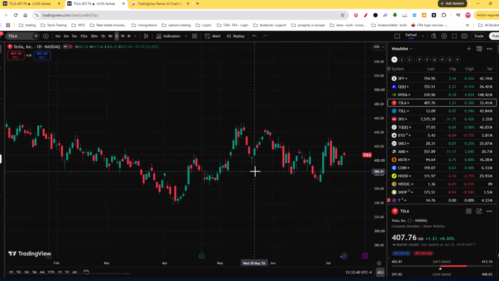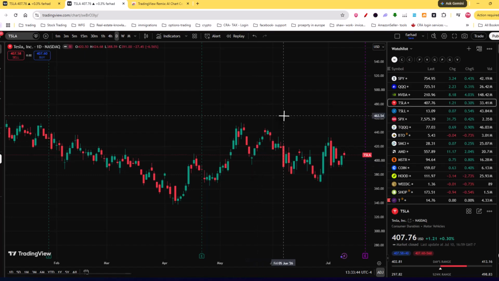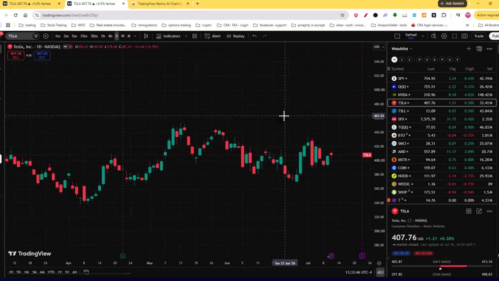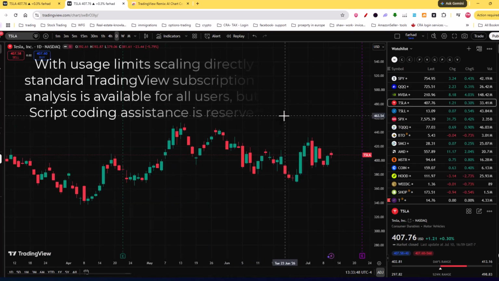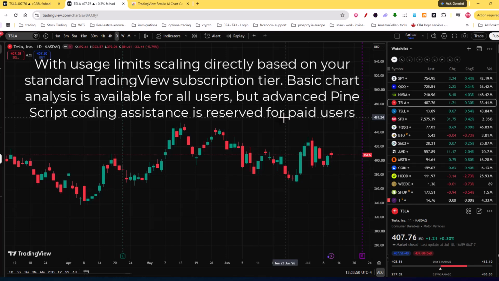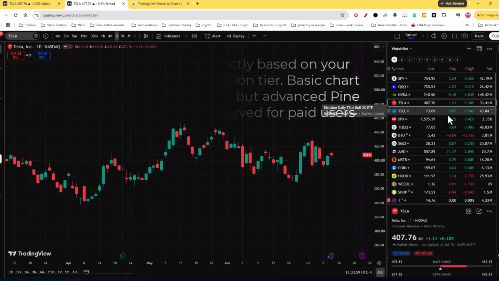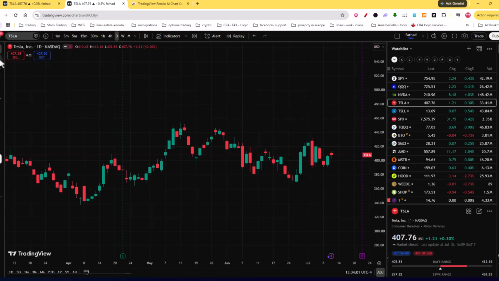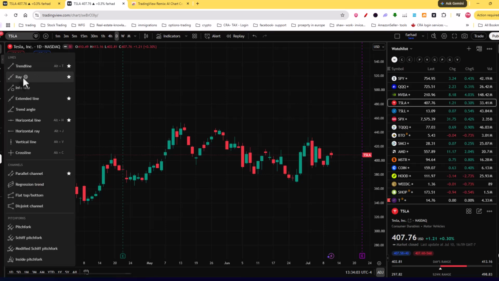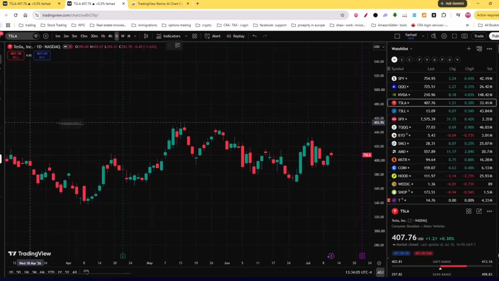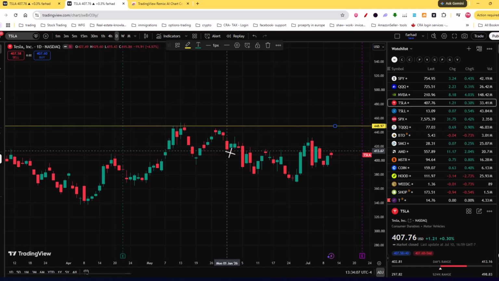It does. Of course, if you are on a paid version, you get the benefit of more analysis and more features. But since we just want to give it a try, this is good enough. Let's just jump right into it and see what it can do. As a trader, we all want to go in the trading chart and look at areas of interest, such as support and resistance.